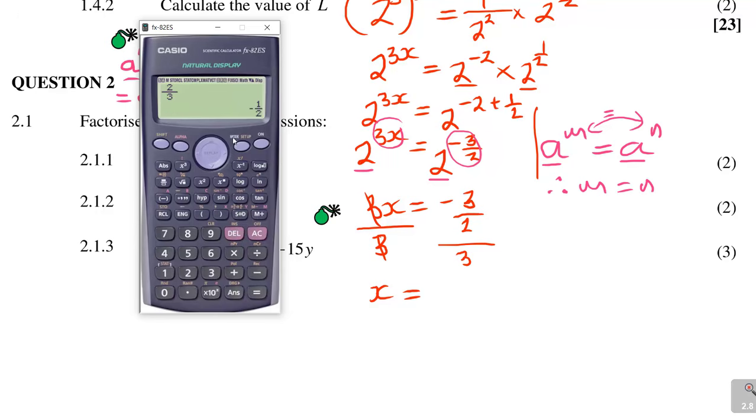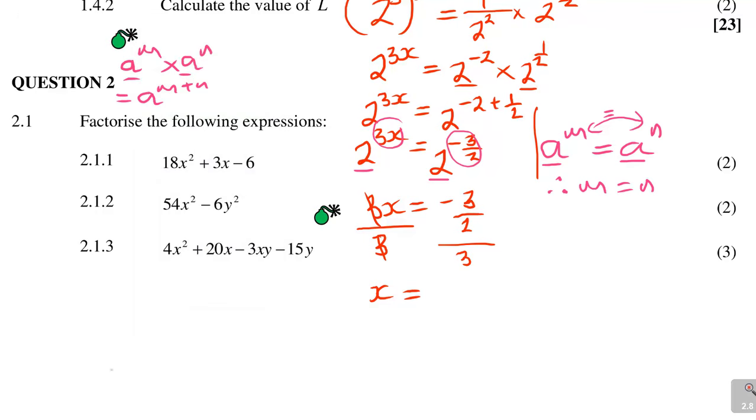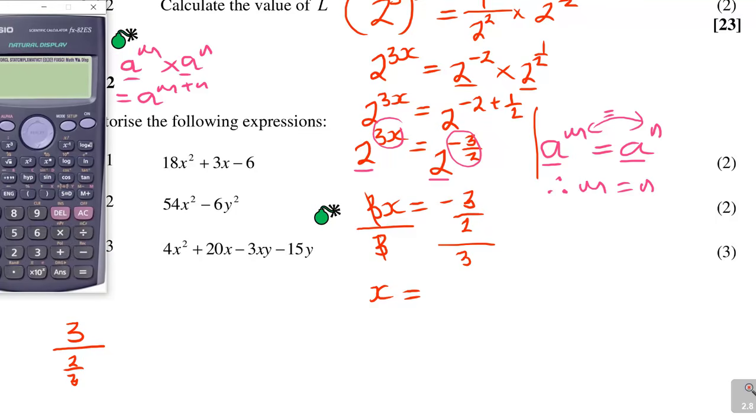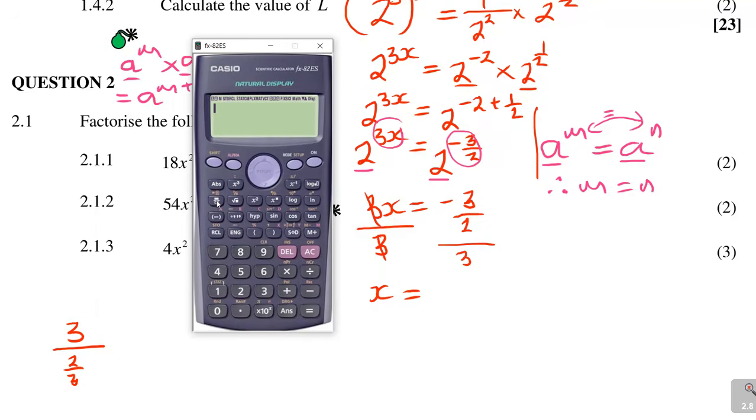It works well, but I will show you some other time whereby it's not proper. For example, if I give you something like this, 3 over 2 over 3, you see the fraction now is opposite. So if you do that now, you're going to get it wrong. Look at this. The way to punch this is 3 over, then at the bottom, that's where I put my fraction, then I've got 2 over 3.